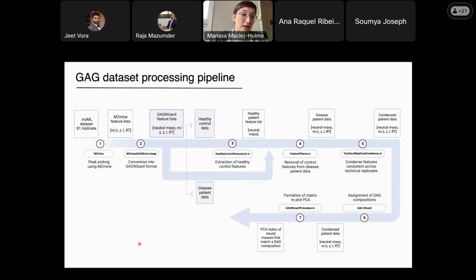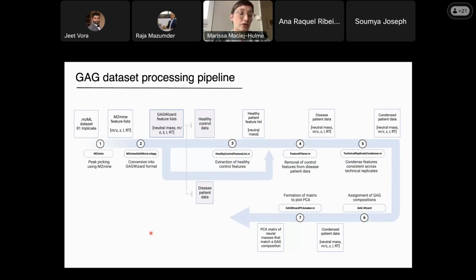Once we'd collected the raw MS data, we did peak picking using the in-house software of MZMine, and we converted this using in-house software to structurally predict the length and how many sulfates were on the heparan sulfate oligosaccharides that we had predicted to detect.